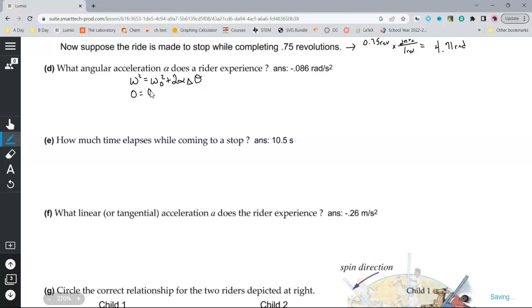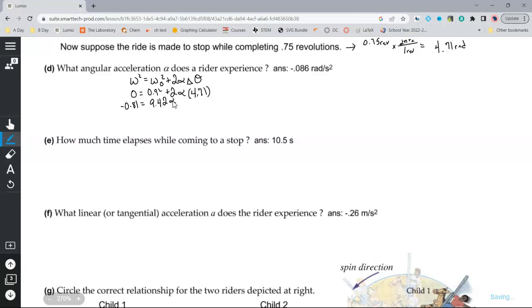So we have 0 equals 0.9 squared plus 2 alpha times 4.71, our change in theta. I get negative 0.81 equals 4.71 times 2, which is 9.42 alpha.